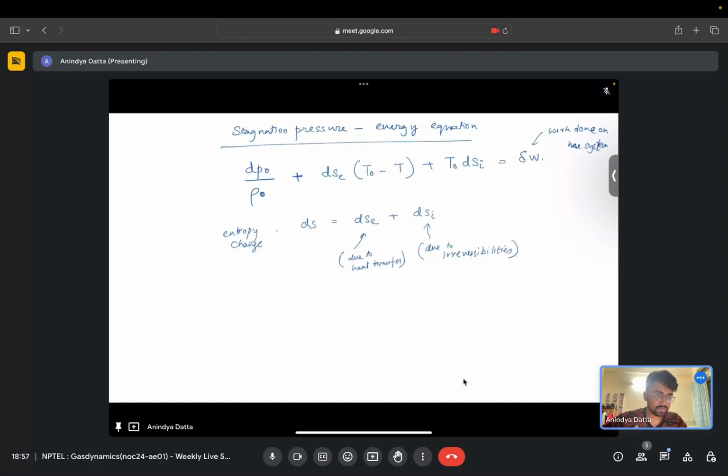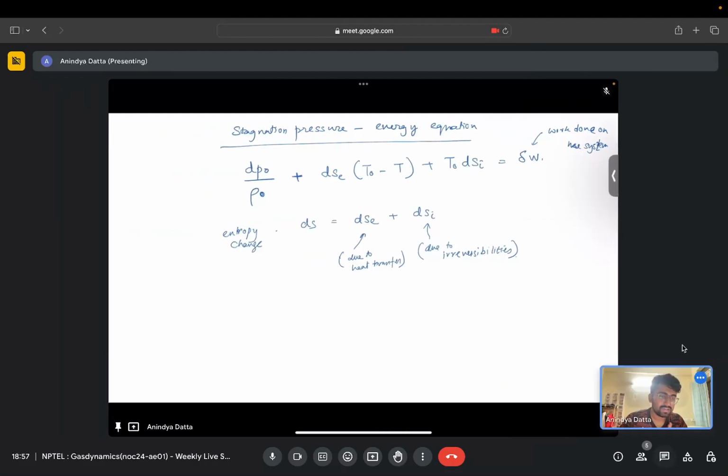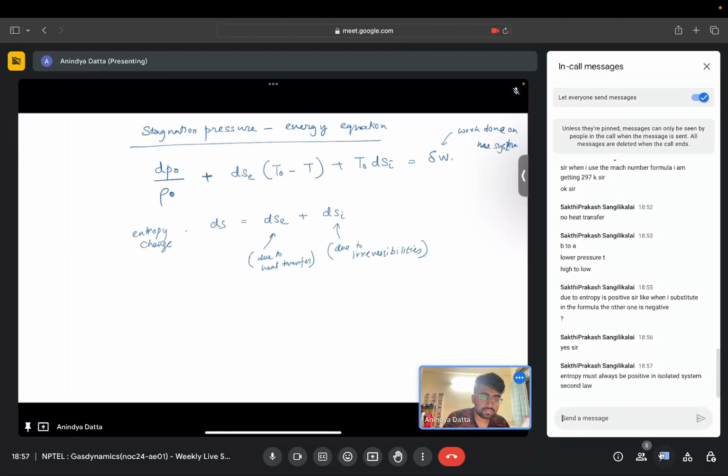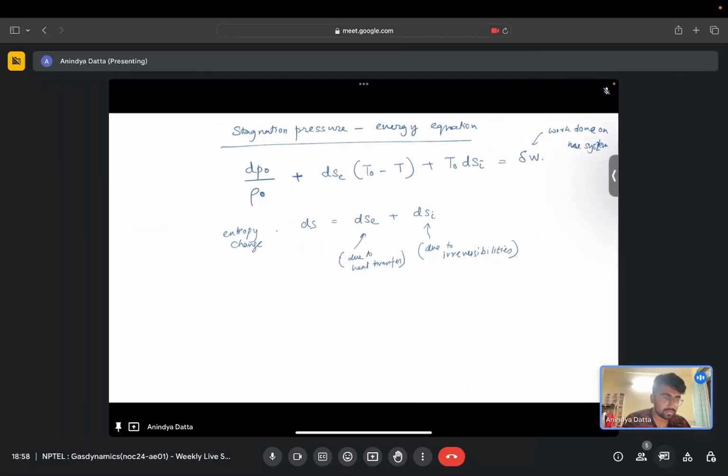Entropy must always increase. So we are not dealing with an isolated system now. Whatever we will be dealing with are all open systems, not closed systems, or control volumes, because both mass and energy transfer can happen. We have already seen the derived entropy change for an open system.